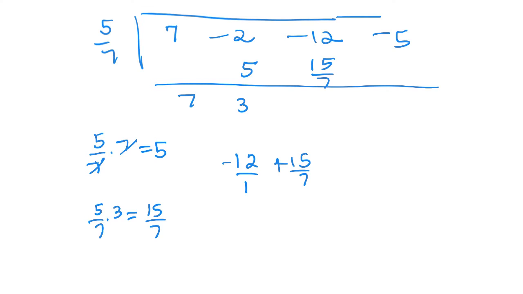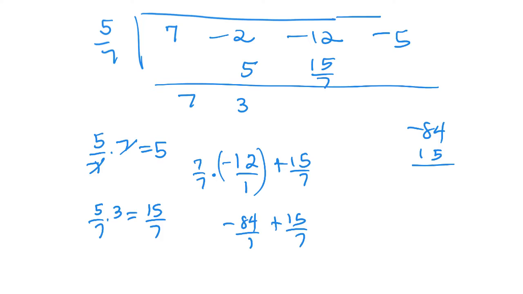So we're going to multiply the negative 12 over 1 times 7 over 7. So that gives us negative 84/7 plus 15/7. And negative 84 plus 15 is going to give us negative 69/7. And that's definitely not going to give us a positive 5.